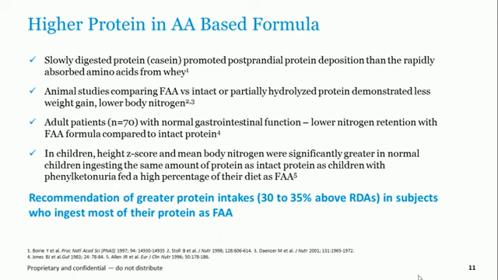And also in children, when we looked at PKU patients taking their protein as intact protein compared to amino acids, height Z-scores and body nitrogen showed that you needed slightly higher protein when it was as pure amino acids. So also the recommendation is slightly higher, like maybe 30% higher, in subjects whose main part of their diet is pure amino acids.